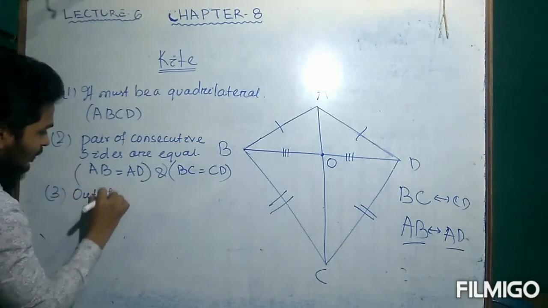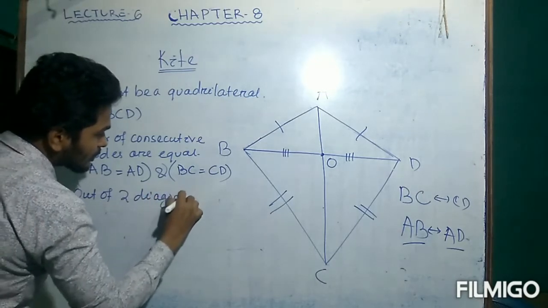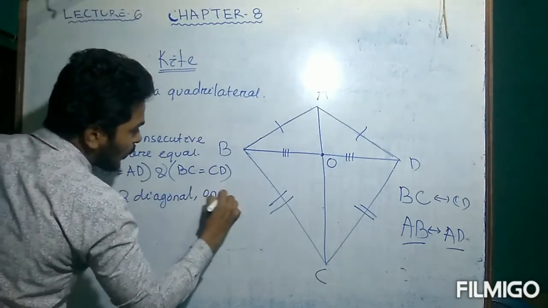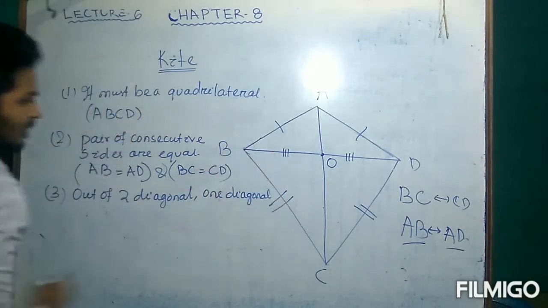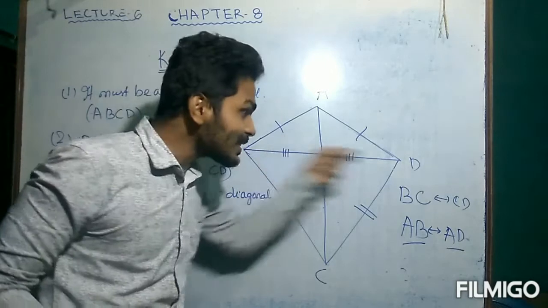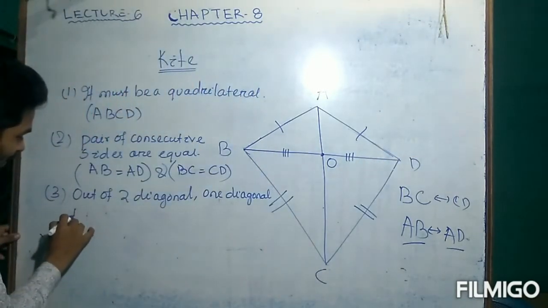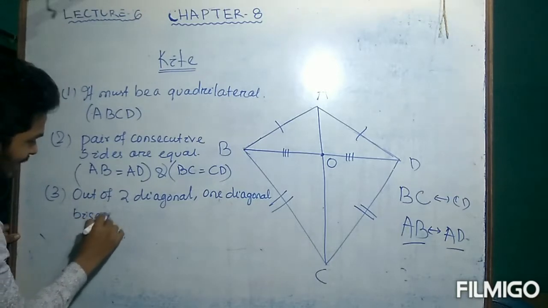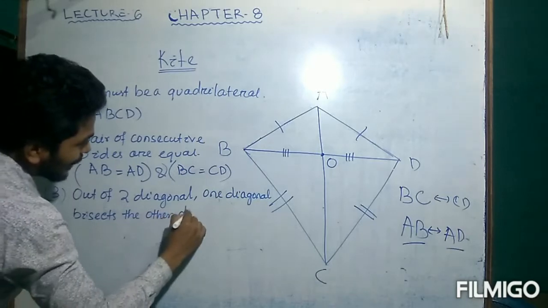Next, we can write it: out of two diagonals, one diagonal bisects the other diagonal.